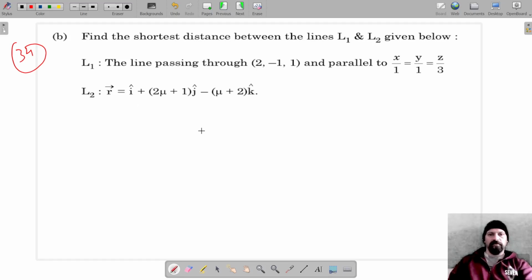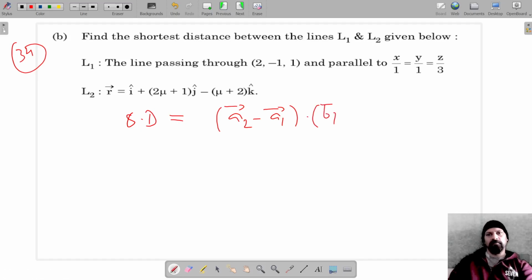And we know that the shortest distance between two lines is given by the dot product of the vector a2 minus a1, where a2 and a1 are the position vectors of the points through which the lines are passing, with the cross product of b1 and b2, where b1 and b2 are the vectors parallel to the given lines.